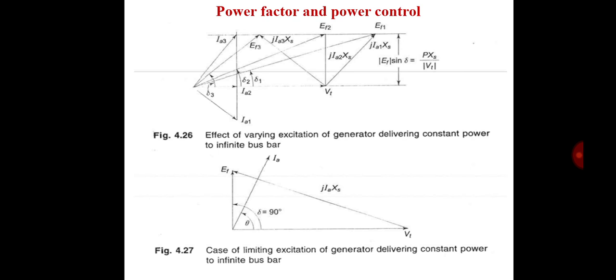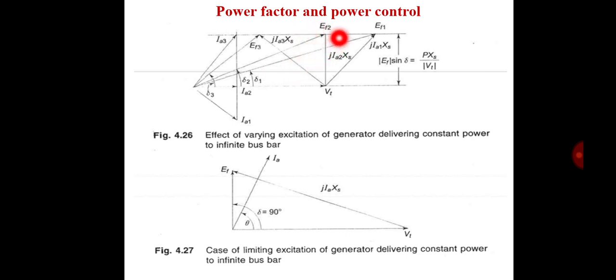Here is VT, taken as the reference. When the current is IA1, here is IA1 XS and here is EF1. Next the excitation changes, so we get IA2, here is IA2 into XS, and here is EF2. IA1 is for lagging power factor, EF2 is for unity power factor, and IA3 is for leading power factor.